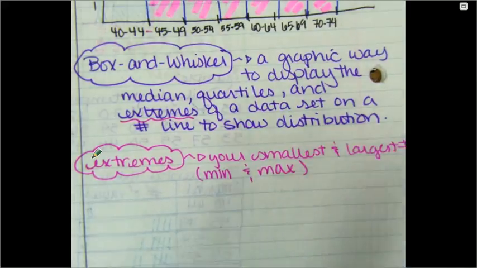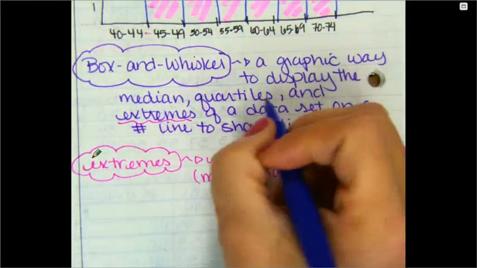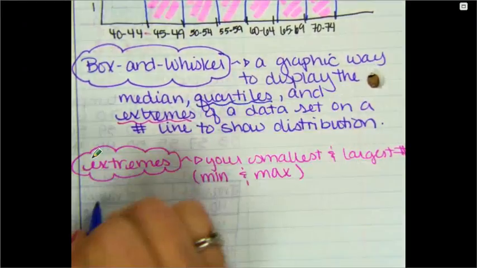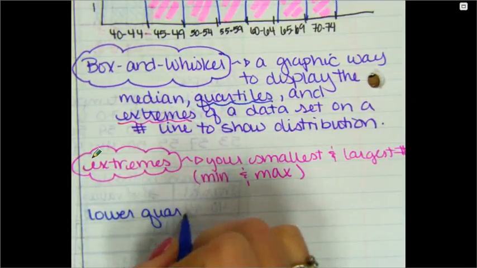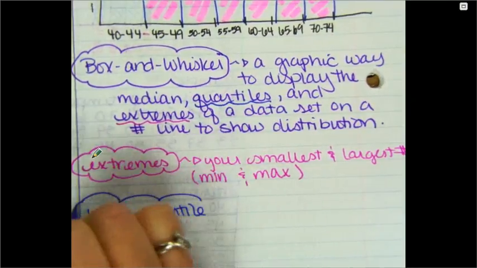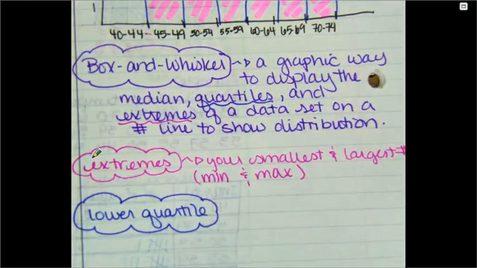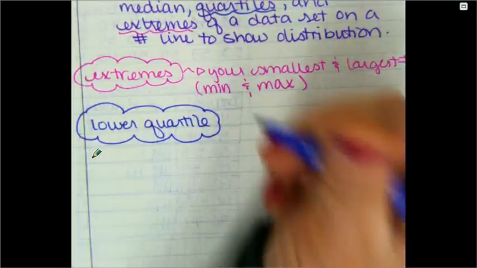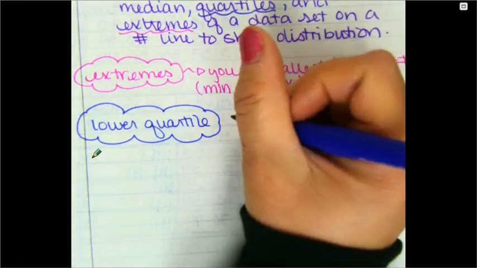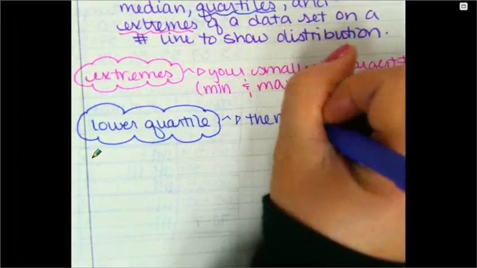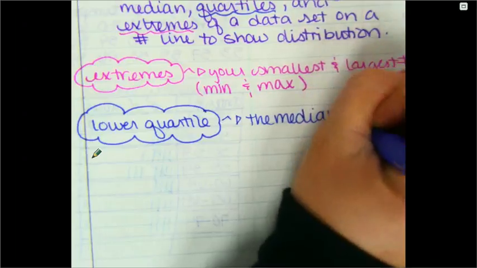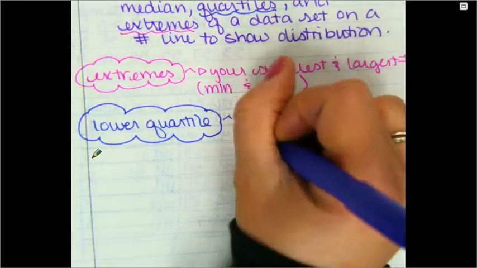Your lower quartile. Another word when we talk about quartiles, there's two. There's a lower quartile and an upper quartile. Your lower quartile is the median of the lower half.